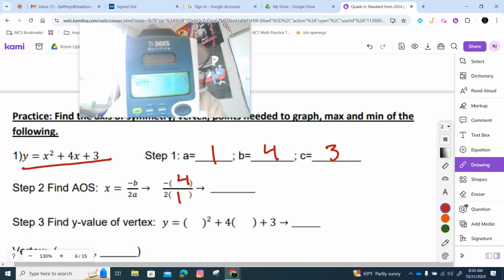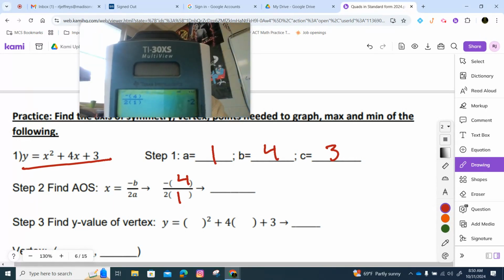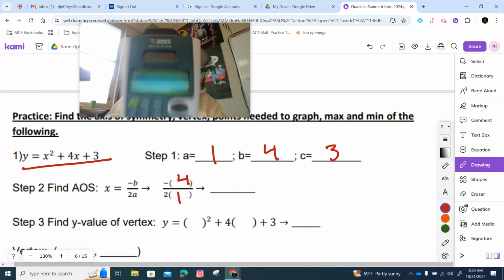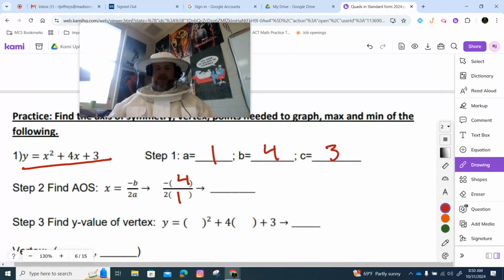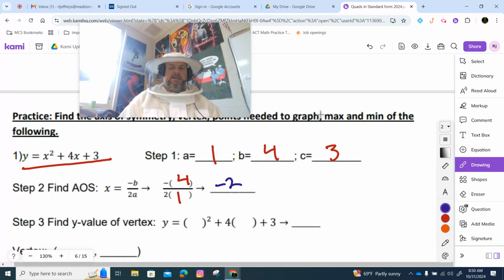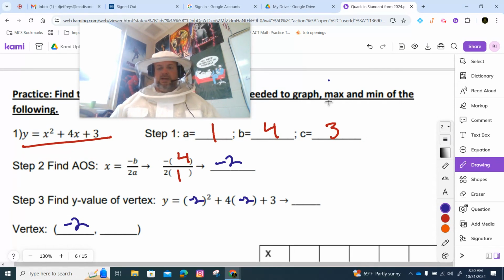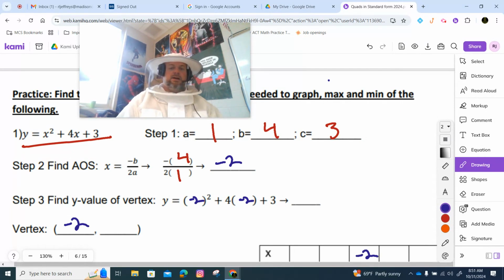All right. So you get -2 for your axis of symmetry. So that would go not only here, but also here, and here, and here.